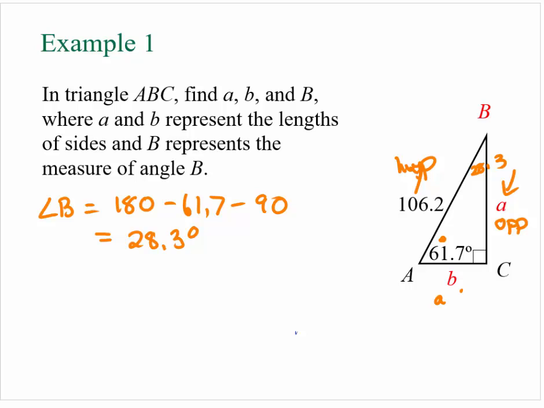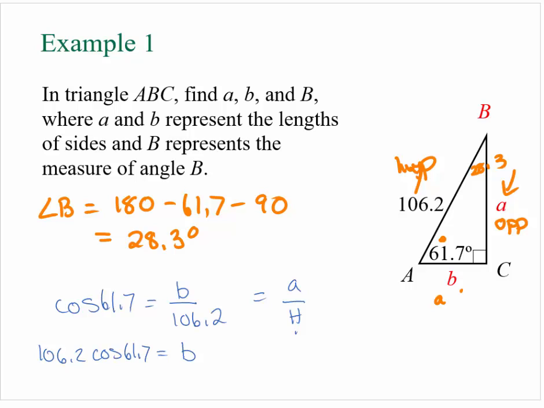Now if I want to find b, well, b over 106.2 is the same as adjacent over hypotenuse, which is cosine of 61.7. So I rearrange that, 106.2 cosine 61.7, and I get approximately 50.3.